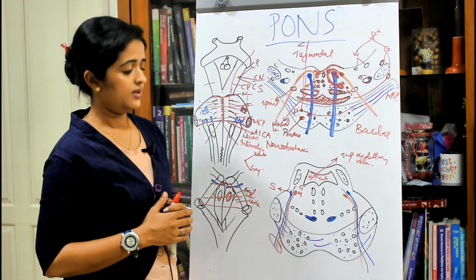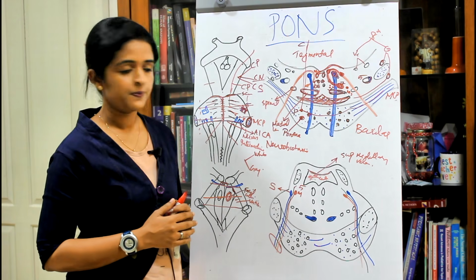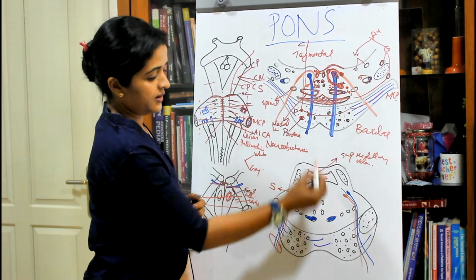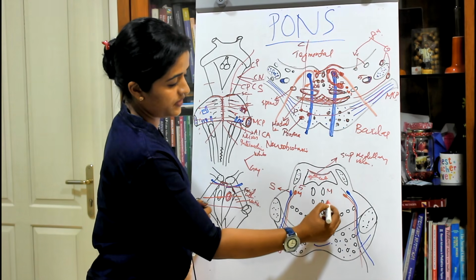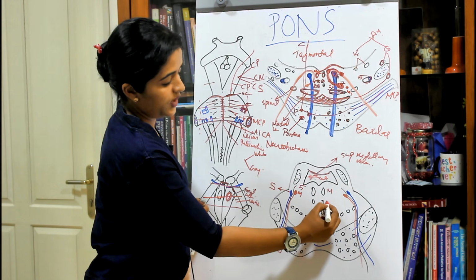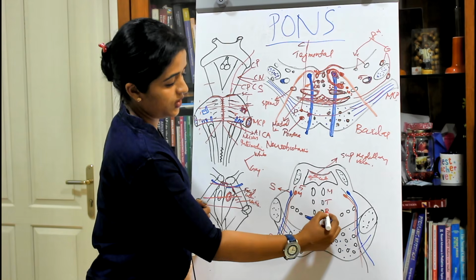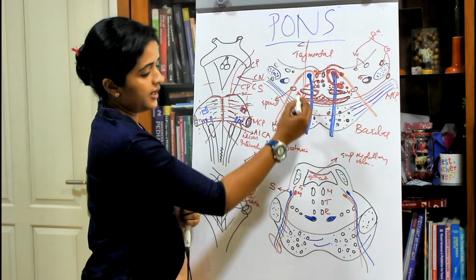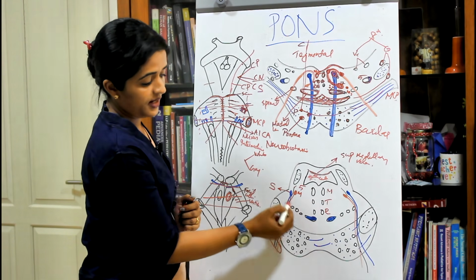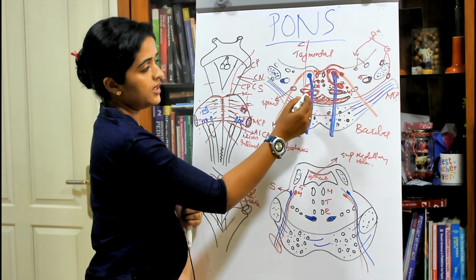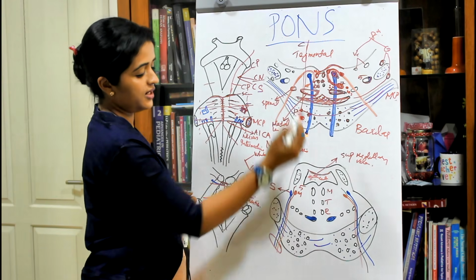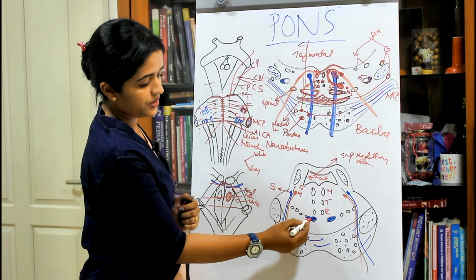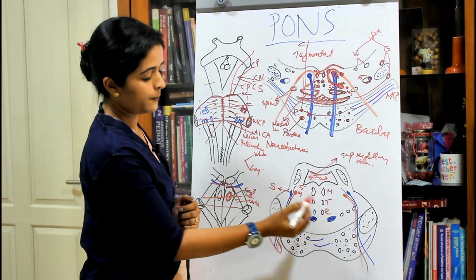Now what about the white matter part? White matter part, along the midline on either side, the set is the same: the medial longitudinal fasciculus, then you have the tectospinal, and then you have the rubrospinal. And the fibers which are aligned transversely, in the lower part we had only two sets of fibers, the medial lemniscus and spinal lemniscus, but here we can see four sets of fibers on either side.